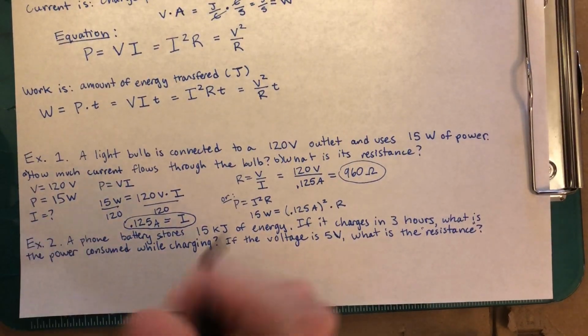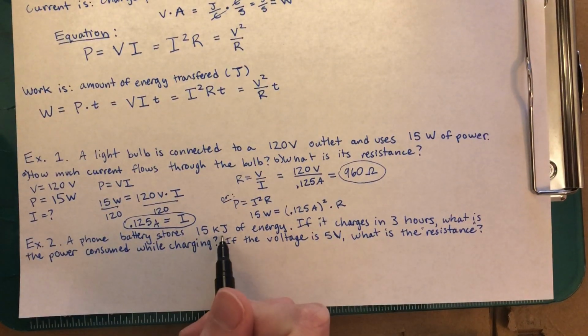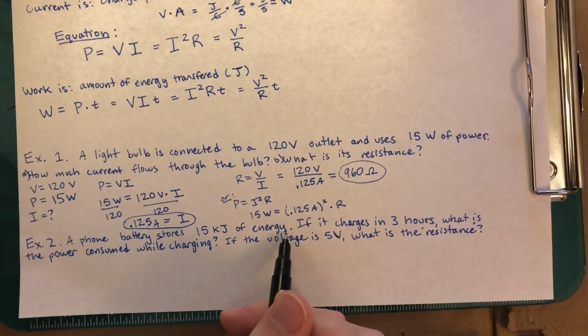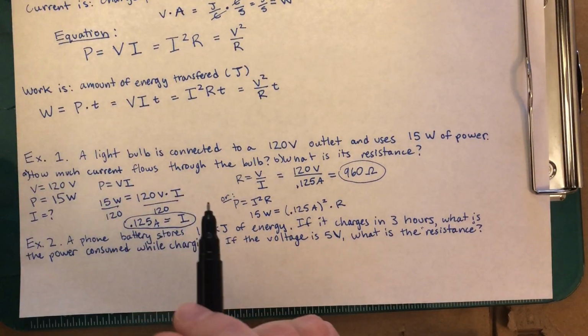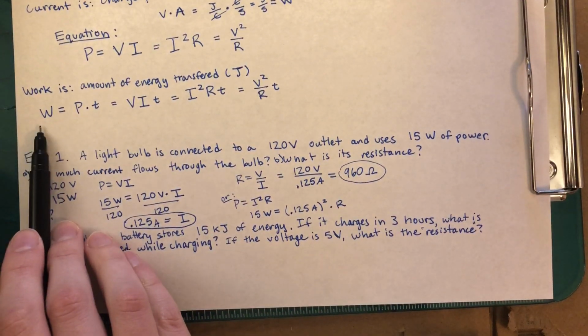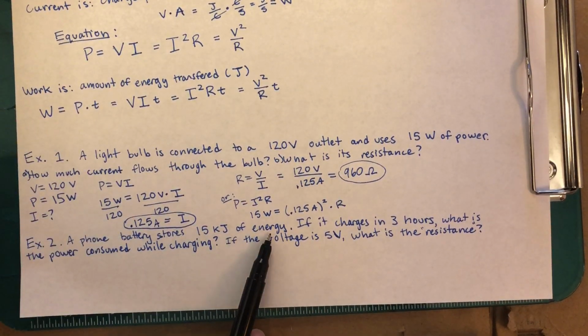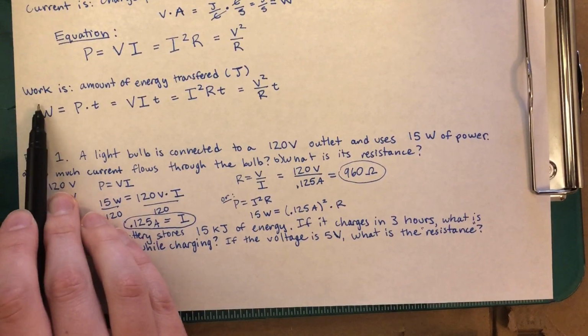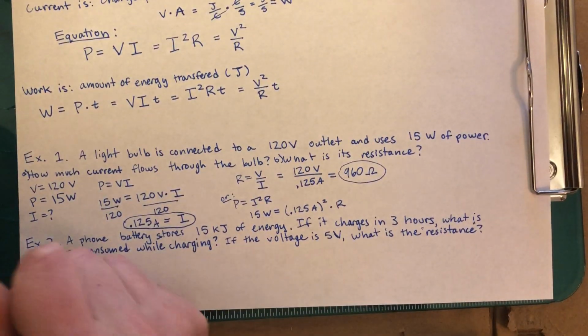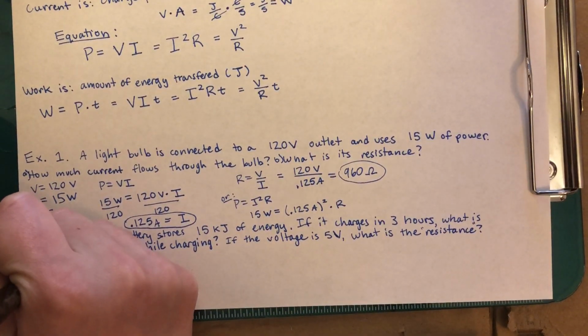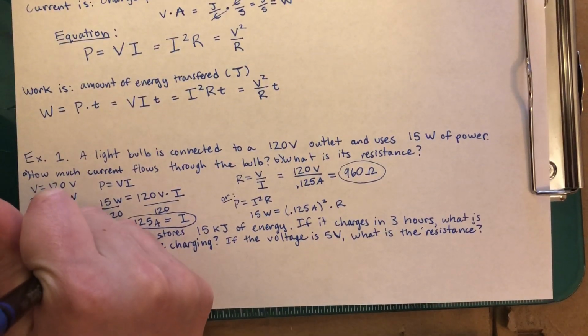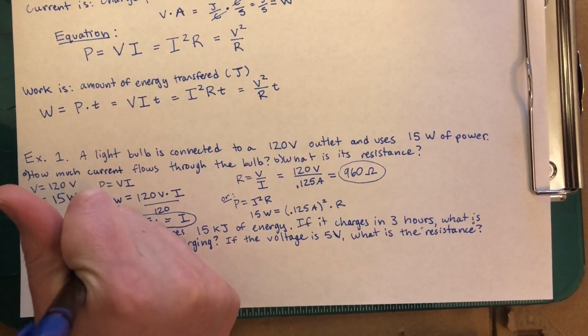So I know that it stores this much energy. Where does this fit into the equations? This is a work. Because it's an amount of energy, it's in joules, that's work. So my work is 15 kilojoules.